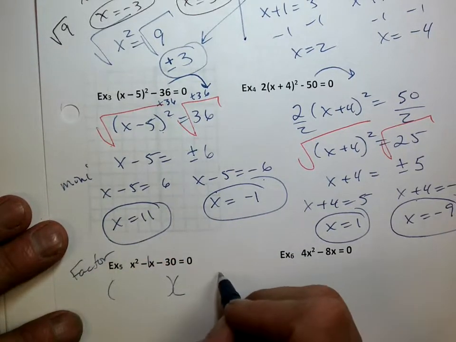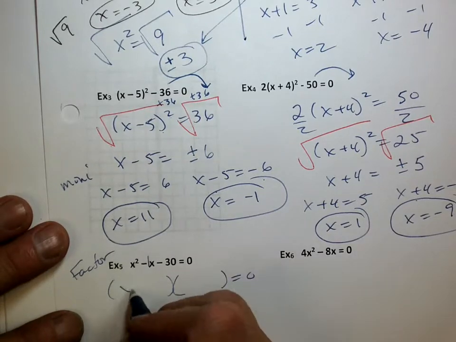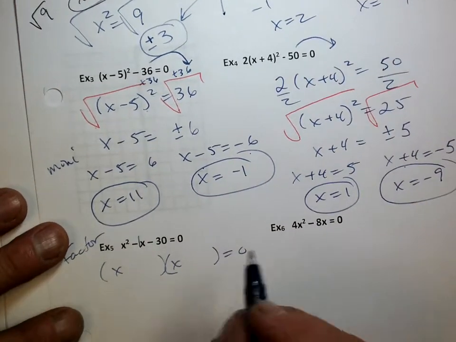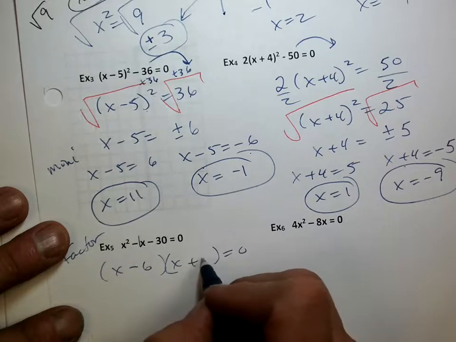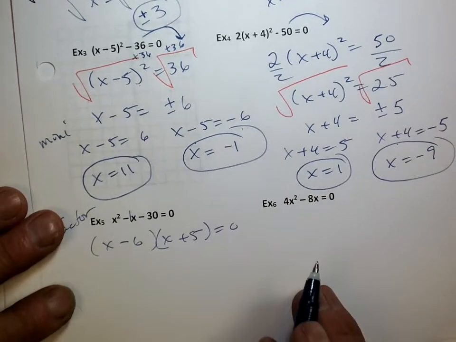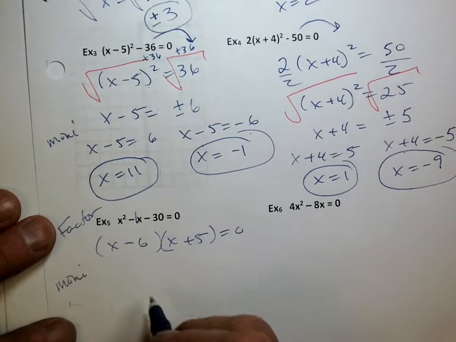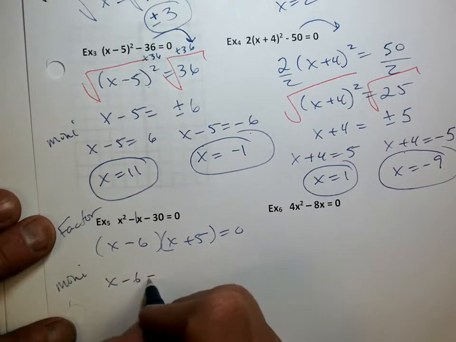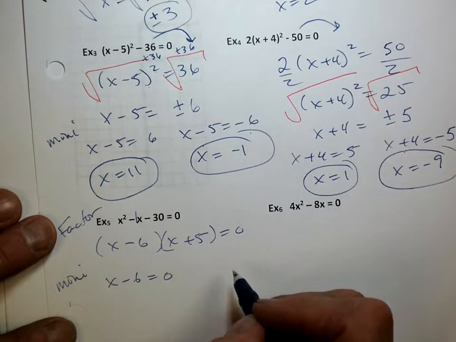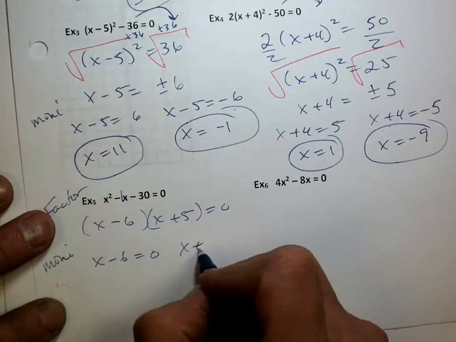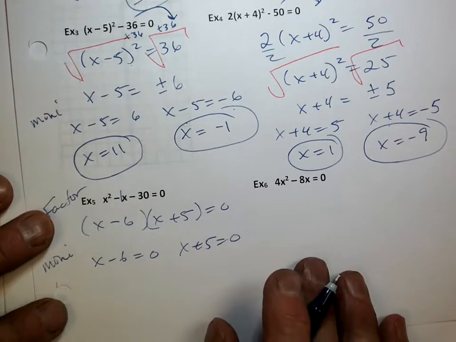It's different, isn't it? So I factor, I go x minus 6 plus 5. Our mini equations: I'll have x minus 6 equals 0, and I'll have x plus 5 equals 0.